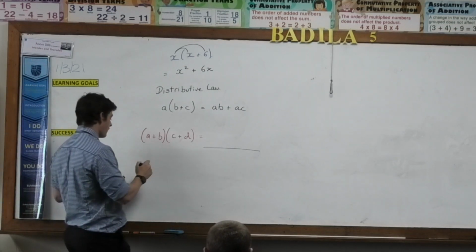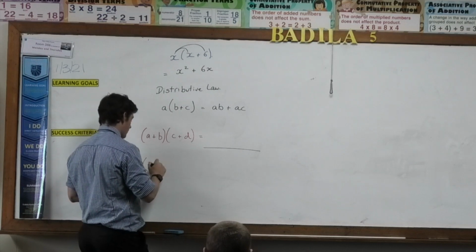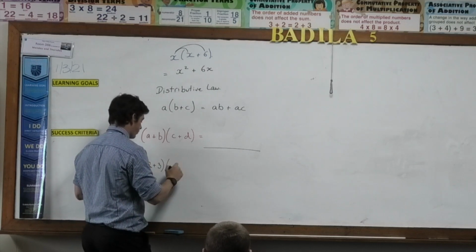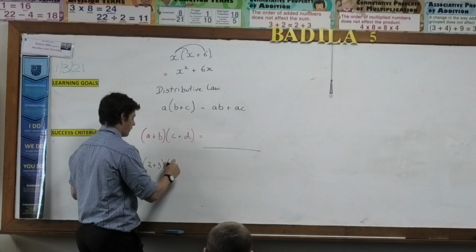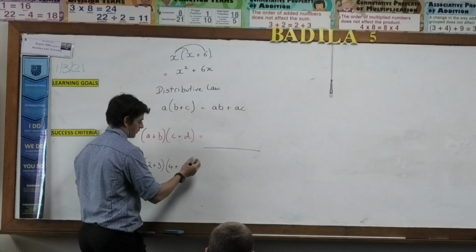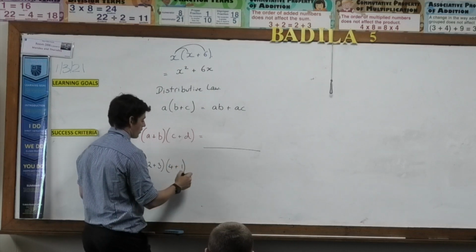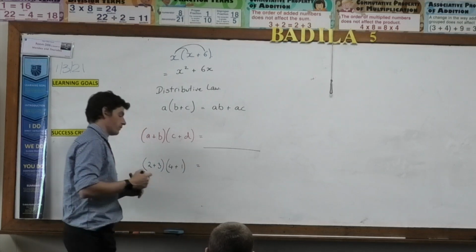So if I gave you the bracket 2 plus 3 times 4 plus, let's go 1, what would that equal?